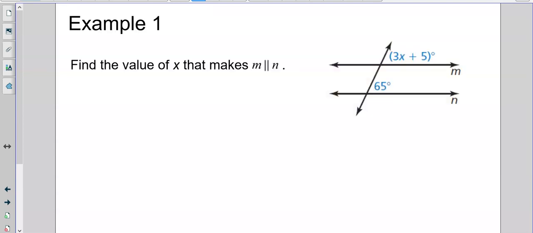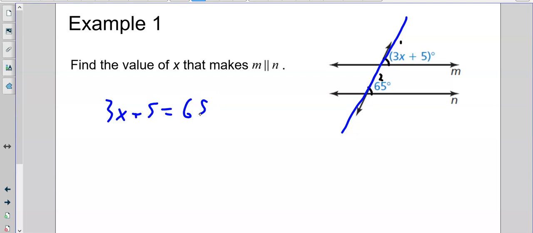All right, find the value of x that makes them parallel. Well, we know that 3x plus 5, let's just call this angle 1, and this angle 2, are both corresponding angles because one is on the inside, one's on the outside, and they're both on the right side of the transversal. So if they are congruent, that proves the lines are parallel. So we do 3x plus 5 equal to 65.